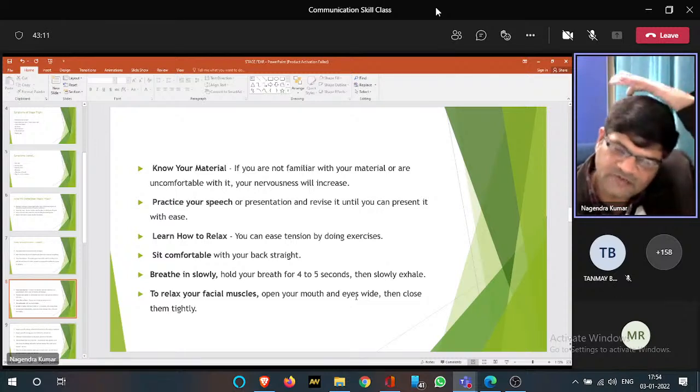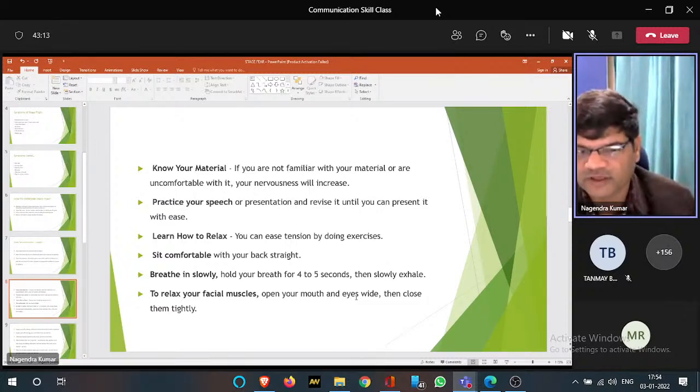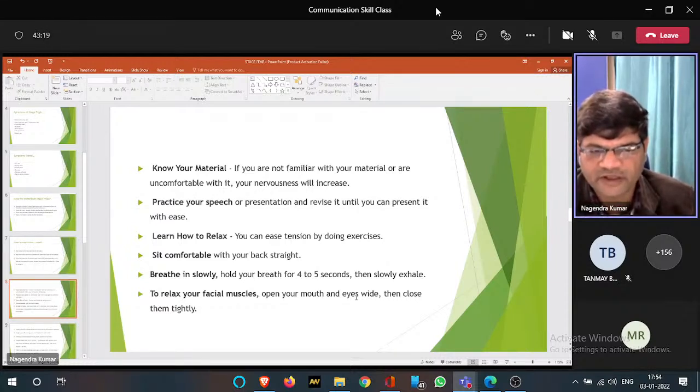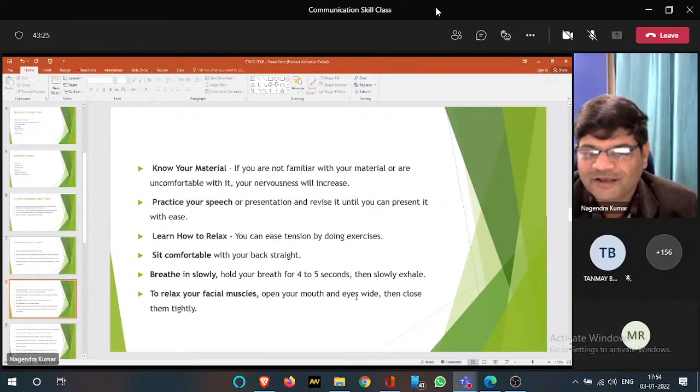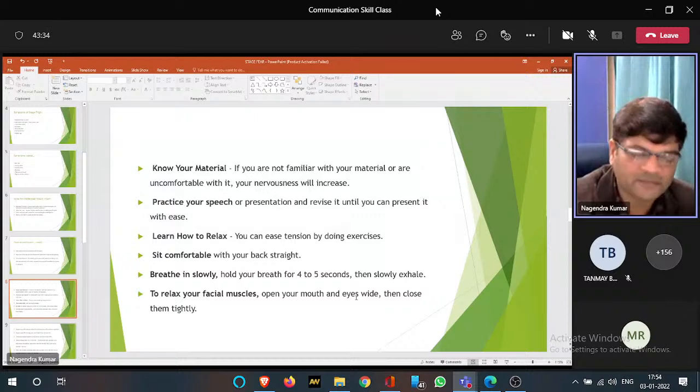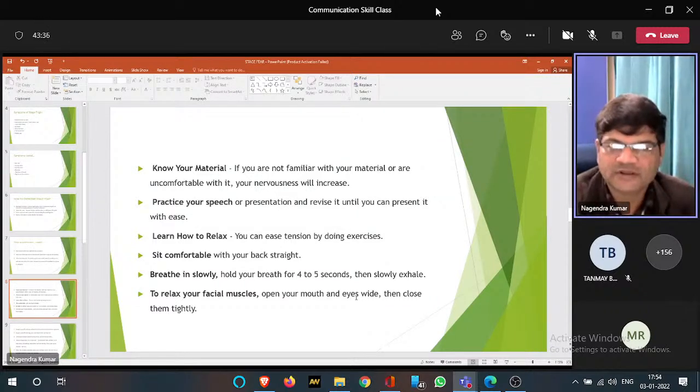These are some of the exercises or coping mechanisms, we can call it. These are relaxation techniques, and this is not for the day of presentation. This is to relax your nerves before presentation. Fine. So if you practice them, they will calm your nerves and you will be in a better frame of mind.